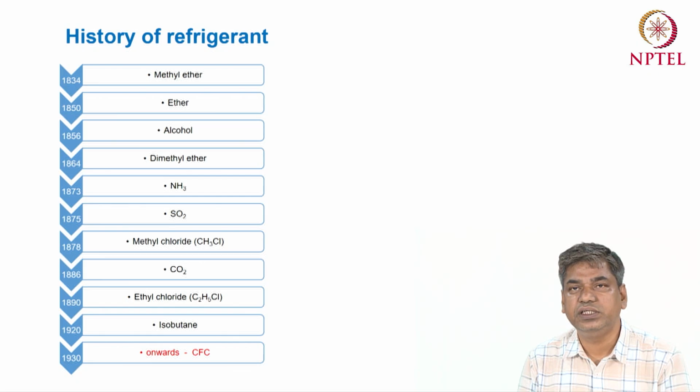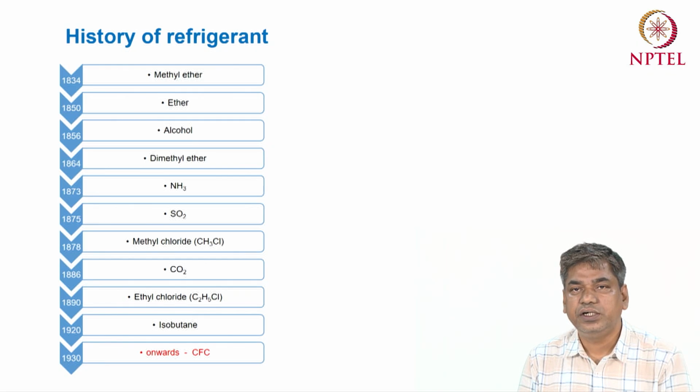So first one is methyl ether, introduced in 1834. Then ether, introduced in 1850 approximately. Then alcohol, introduced in 1856. Then dimethyl ether, introduced in 1864.